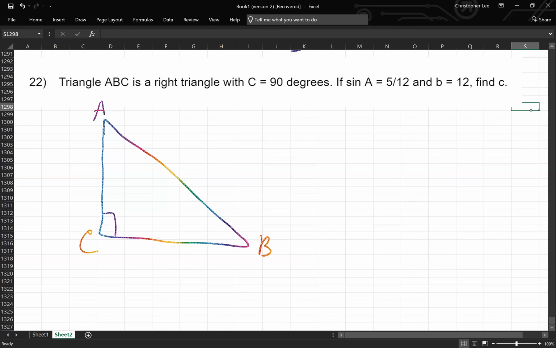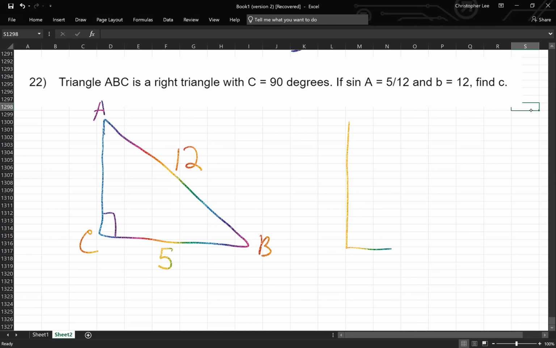Sine is opposite over hypotenuse. From A, opposite would be here, and the hypotenuse would be here. And then they say leg B is 12.